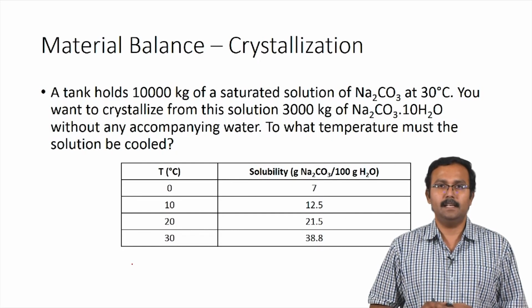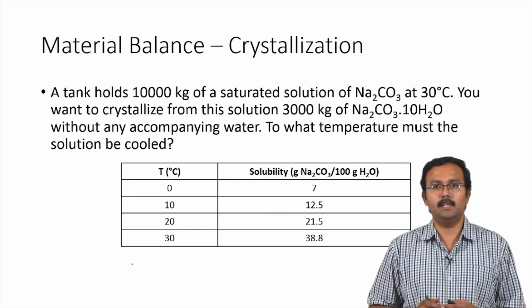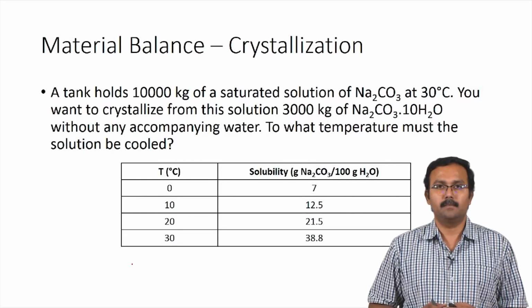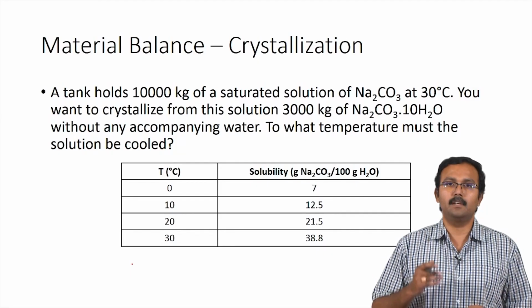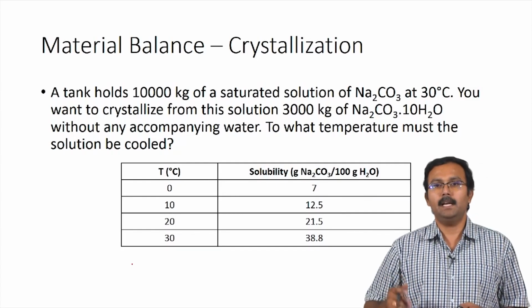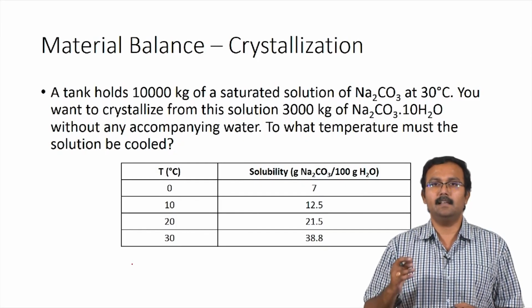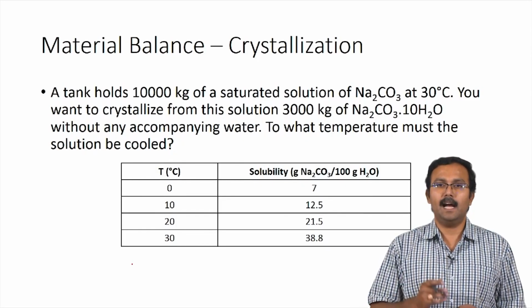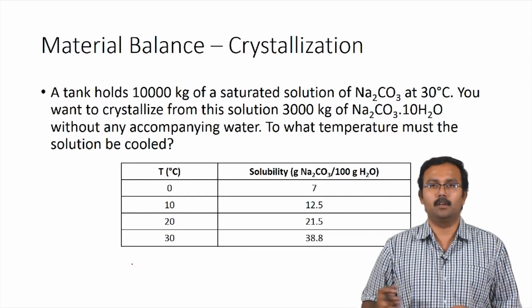If you look at this data, it shows the dependence of the solubility of Na2CO3 with respect to temperature. You have been given solubility in terms of grams of Na2CO3 per 100 grams of water. You need to carefully understand that these units are grams of solute per 100 grams of water.